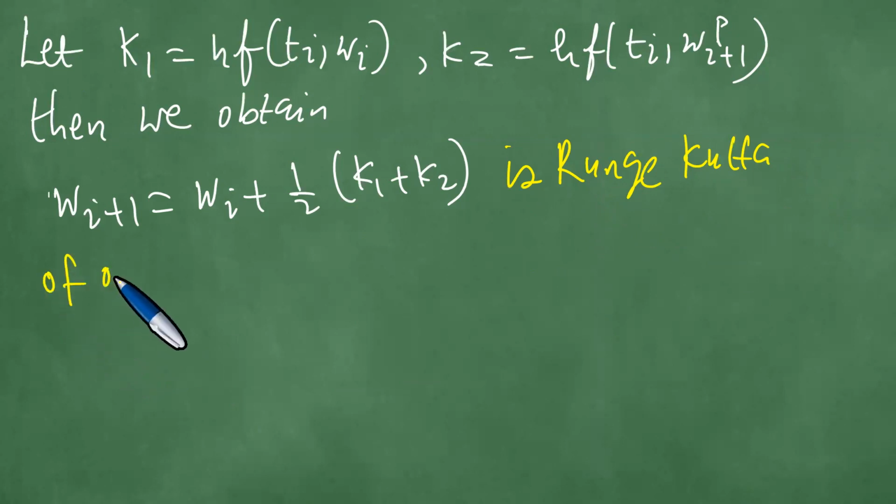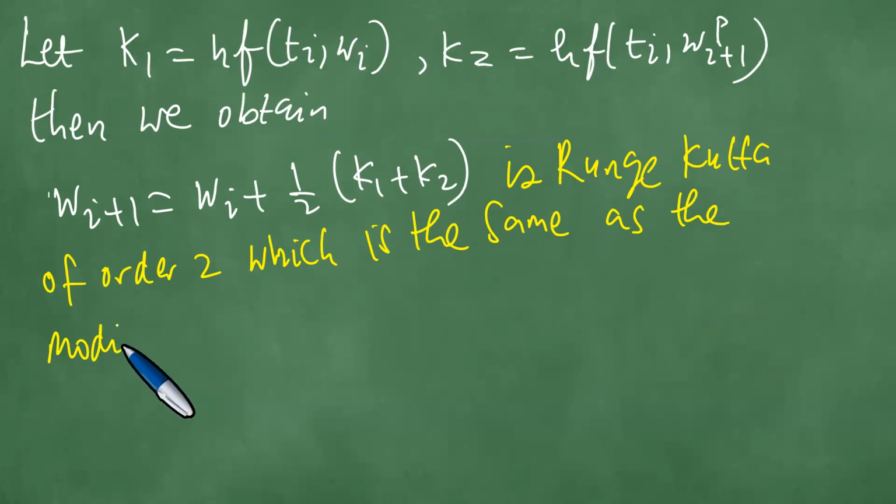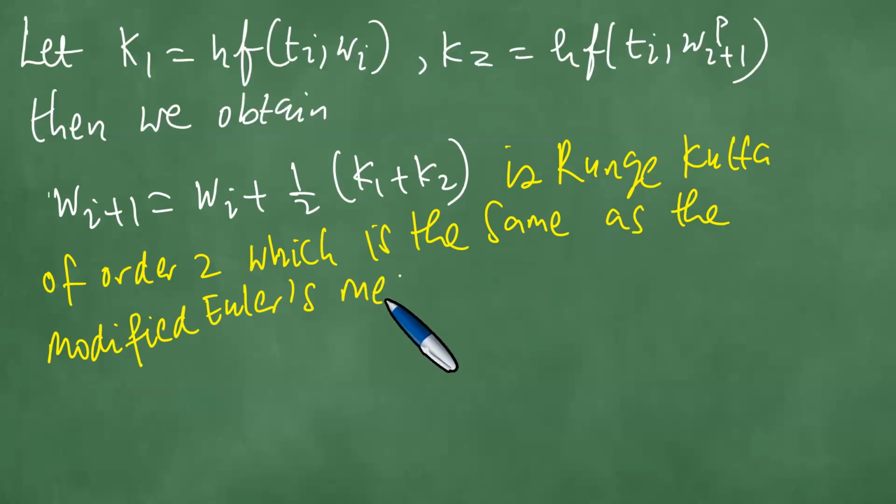Runge-Kutta of order 2, which is the same as the modified Euler's method. Like so.